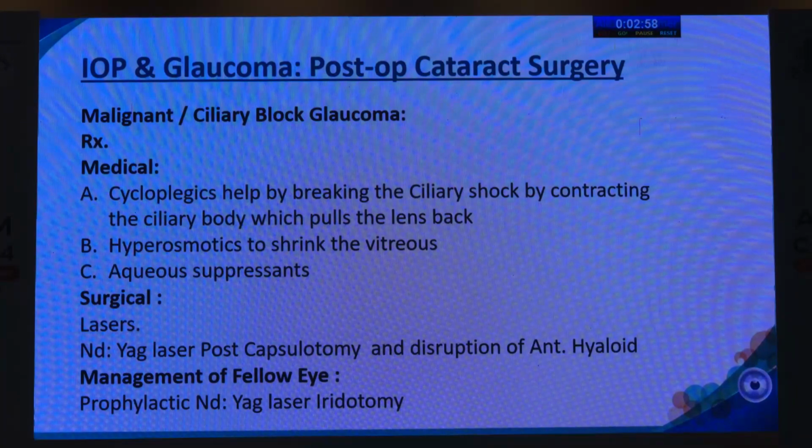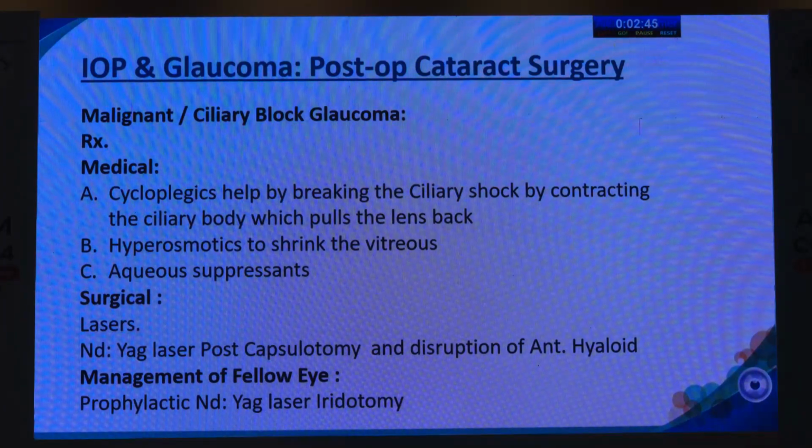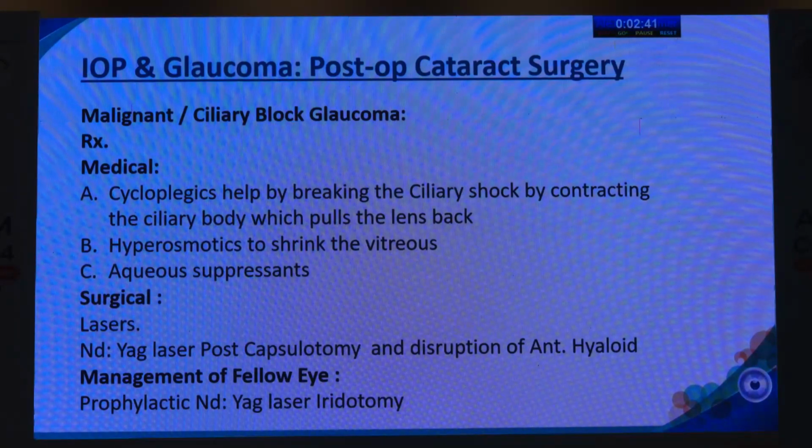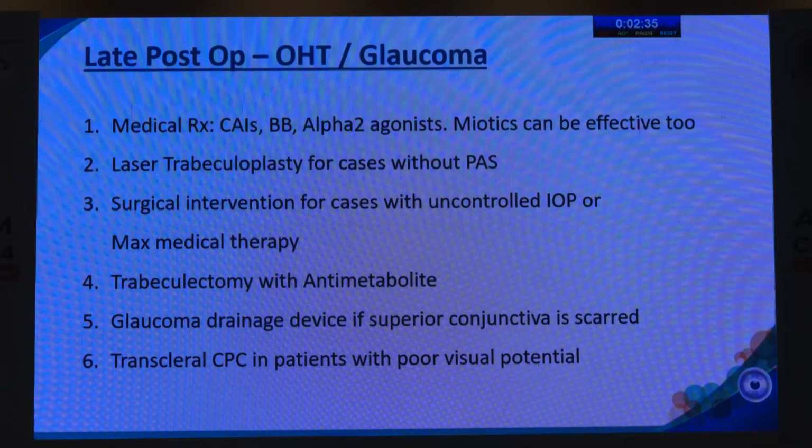Cycloplegics may help by breaking the ciliary block, contracting the ciliary body which pulls the lens back; hyperosmotics shrink the vitreous; and aqueous suppressants. Surgically, lasers, YAG laser posterior capsulotomy and disruption of the anterior hyaloid may be useful, and prophylactic YAG laser iridotomy for the contralateral eye may be helpful.